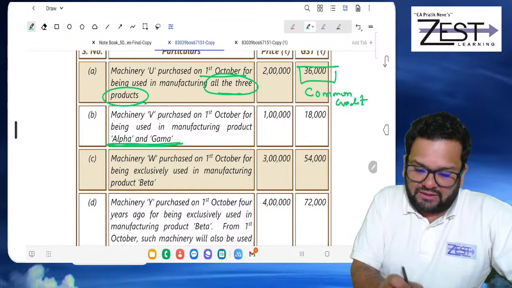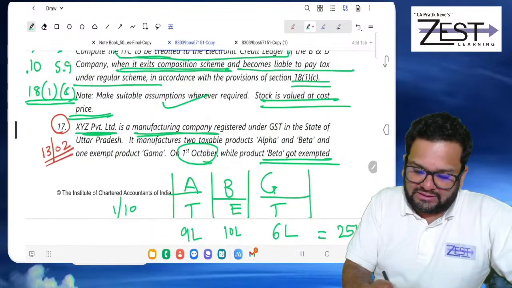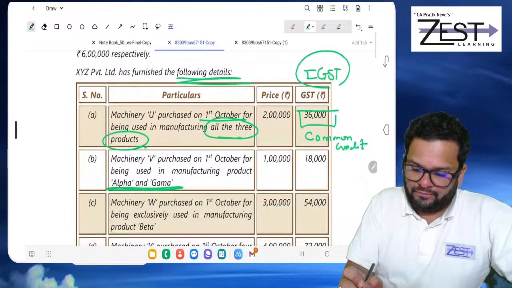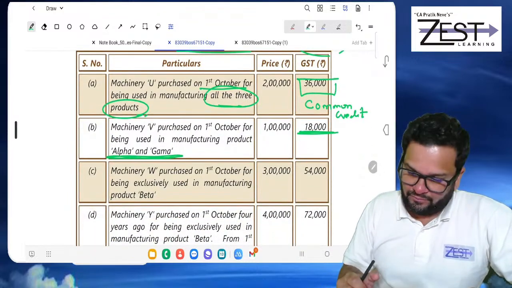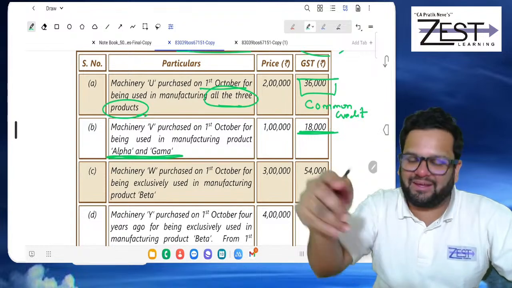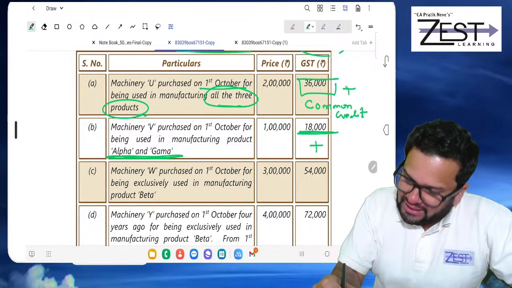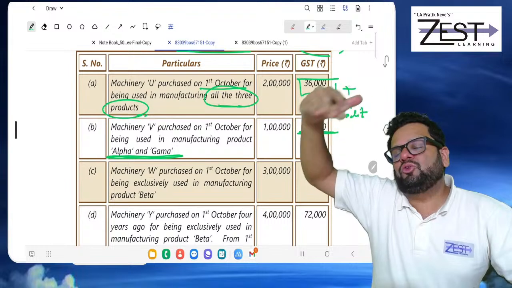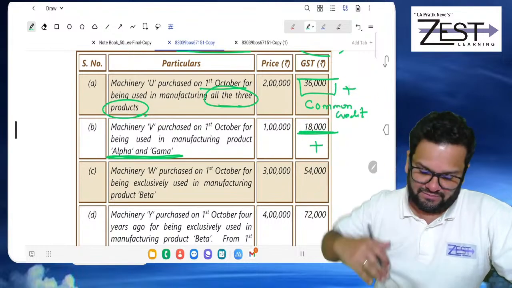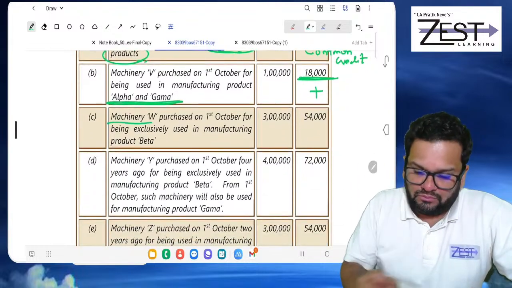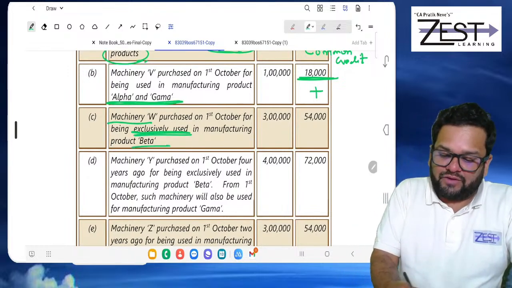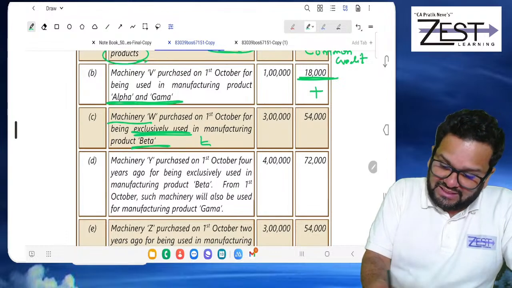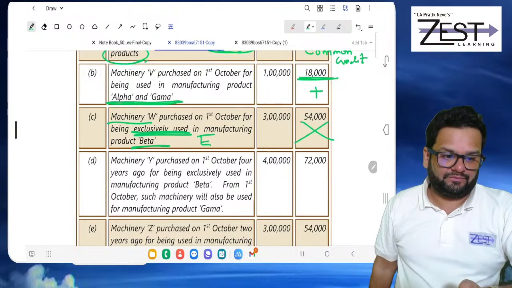So friends, alpha and gamma both are now taxable. So this is not common credit. This is a normal credit. So 36 also you will take, 18 also you will take in the amount to be credited to e-credit ledger. Machine W purchased on 1st October being exclusively used in manufacturing beta. Friends, beta is exempt. No ITC.